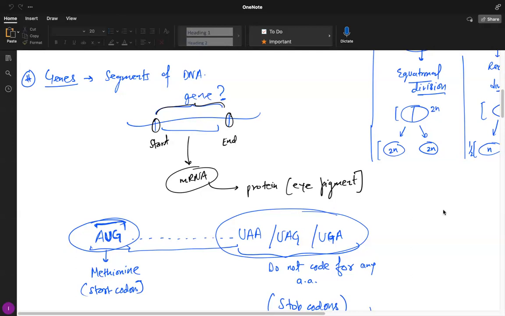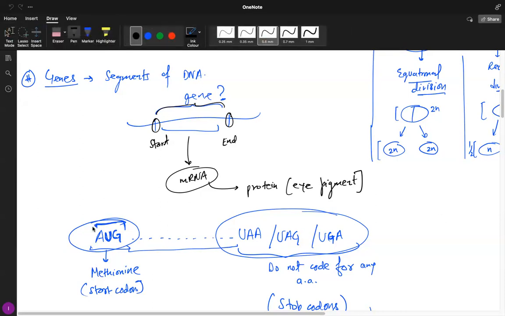There is only one start codon, which is AUG. Every gene starts with this start codon, and then there are three stop codons where it should end: UAA, UAG, or UGA. The start codon codes for methionine, an amino acid. There are 20 amino acids. You understand that?